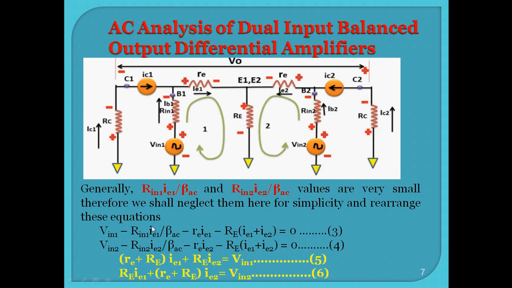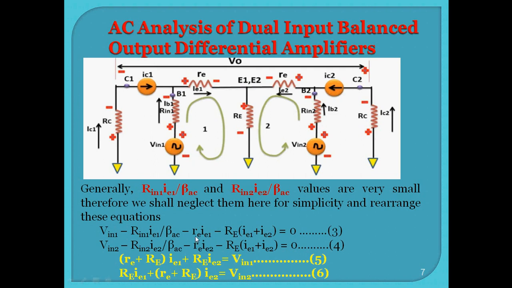So when we rearrange after neglecting these two terms, we write the equation for Vin1 and Vin2. What is remaining is minus re IE1 minus capital RE into the bracket, and as these terms are negative, we can write Vin1 is equal to (small re plus capital RE) into IE1 plus capital RE into IE2. What we did here is make IE1 common.